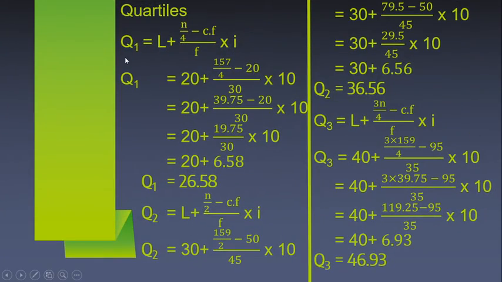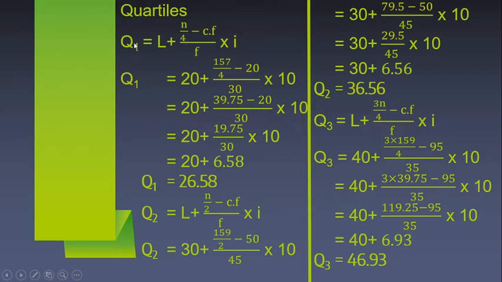Q1 is L plus N by 4 minus CF by F into I. Same way, Q2 is L plus N by 2 minus CF by F into I. And Q3 is L plus 3N by 4 minus CF by F into I.